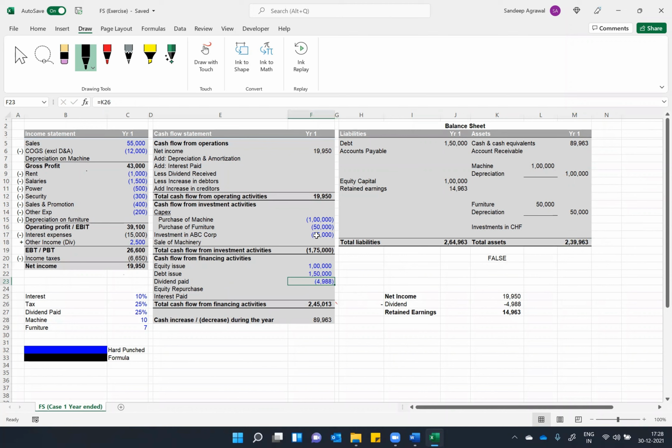This is already done. Investment in ABC Corp. We are also left with investment in ABC. So we will link it from here, and ABC Corp investment is also in place.